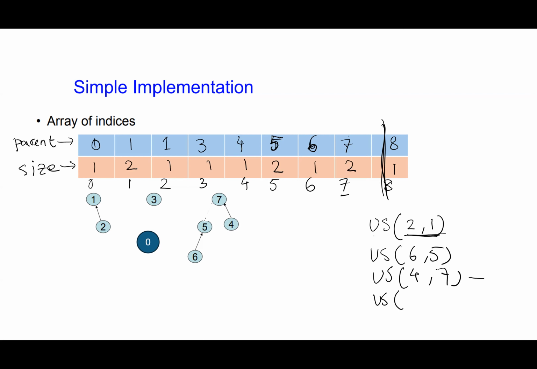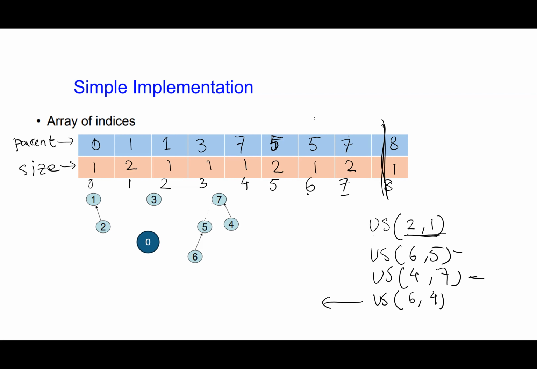Okay. Now next we do a union of 6 and, say, 4. So for 6, we had to change 6's parent to 5, and we had changed 4's parent to 7 because we had done these unions, right?